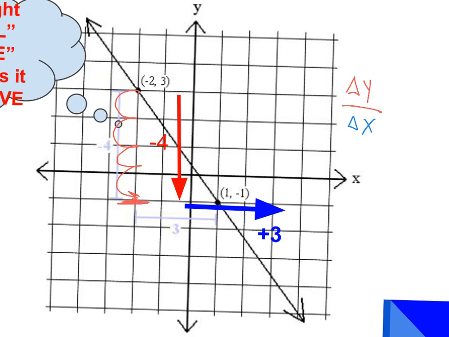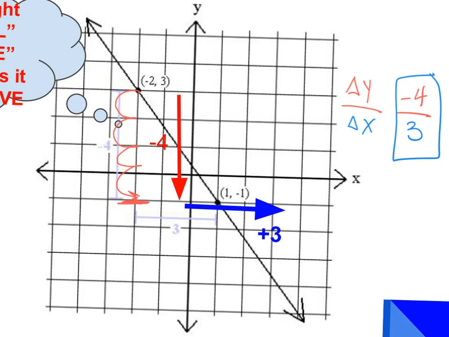I went down 4 units, and so the slope so far is -4 for the y change. And then from this point here, because I went down 4, I went over 1, 2, 3 to the right. So that means that the change of x was 3. The slope of that line is -4/3 because you changed by going down 4 and then to the right 3.